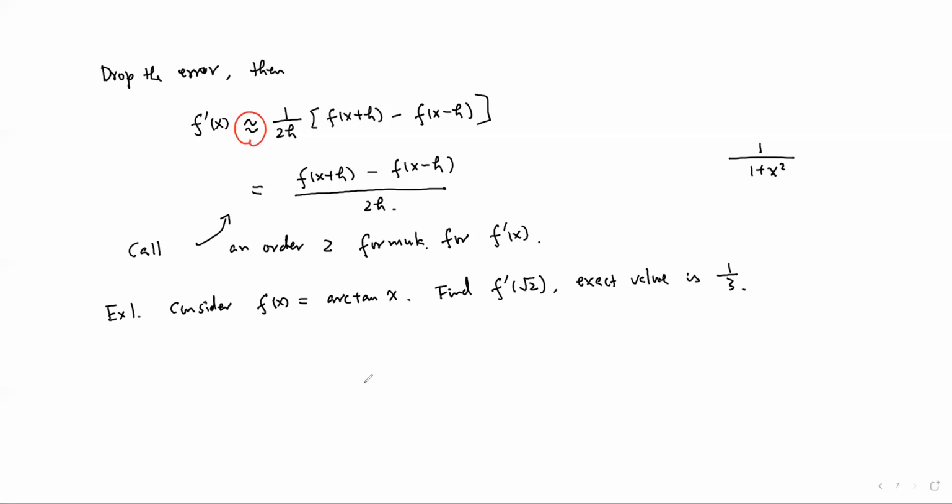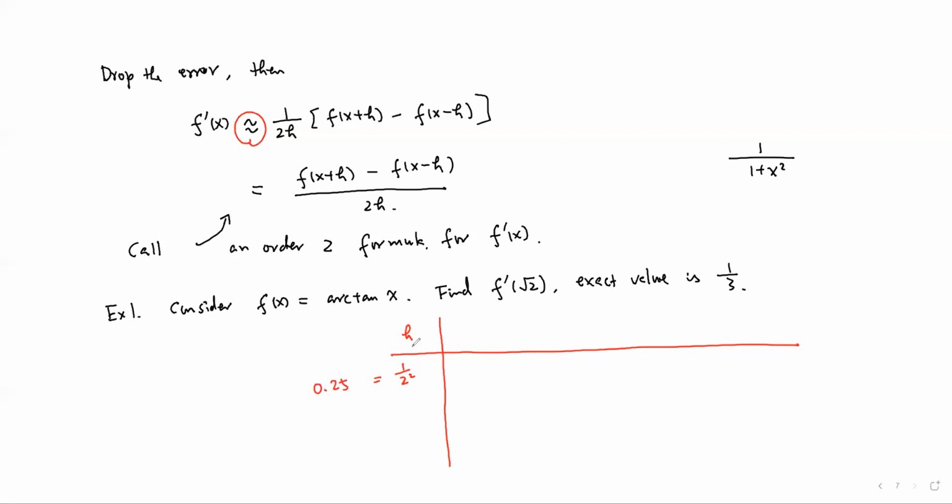But now let me use the order 2 formula to compute this derivative. Then x is square root of 2. Now we need to pick an h. Let me make a table. The first h is 1/4, which is 1 over 2 squared, or 0.25.